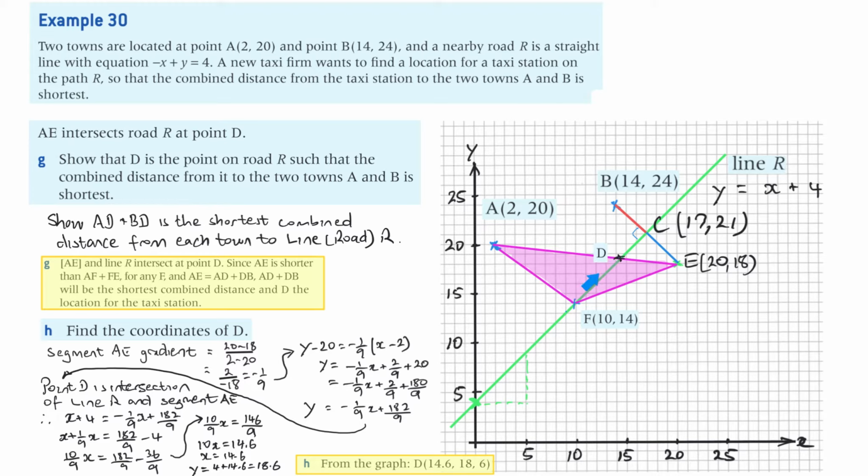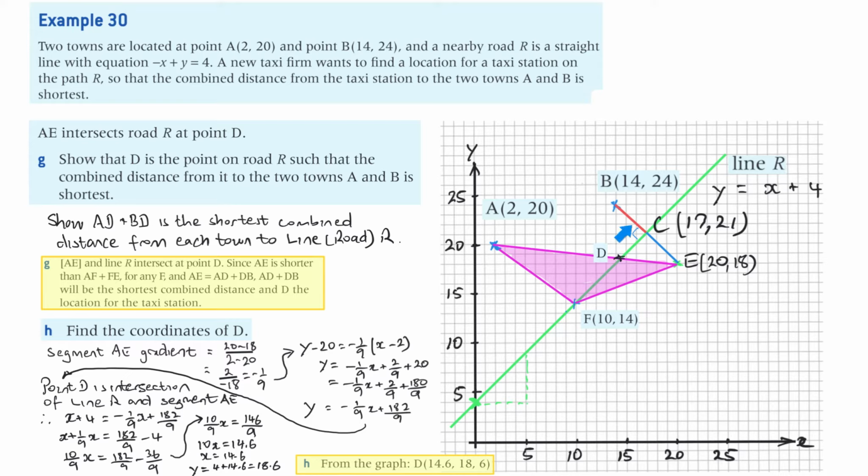So for example, if D was here, you would add that distance plus that distance. But the shortest one will be that plus that if D is positioned here. Now they're asking us to show that. Okay, so I've written here, show AD plus BD is the shortest combined distance from each town to line R. That's just repeating what they said.